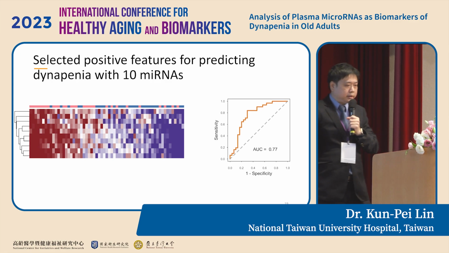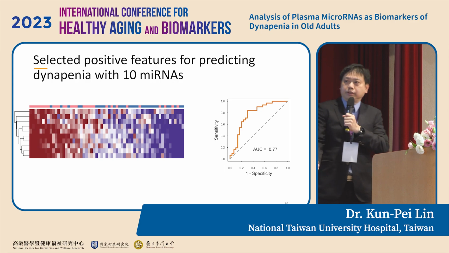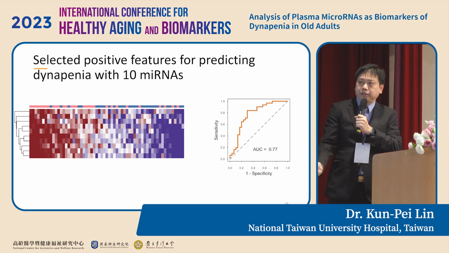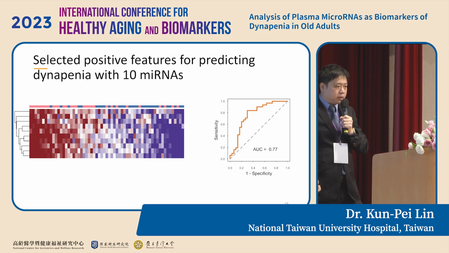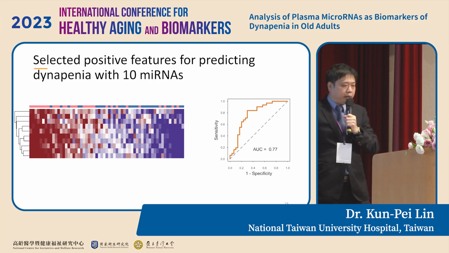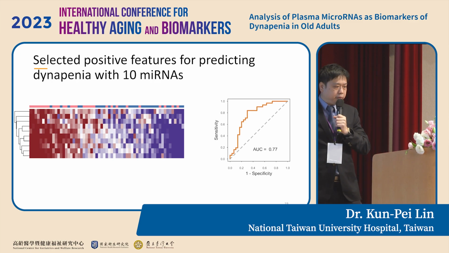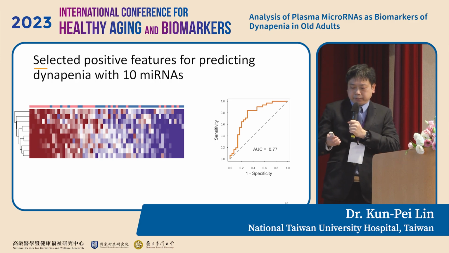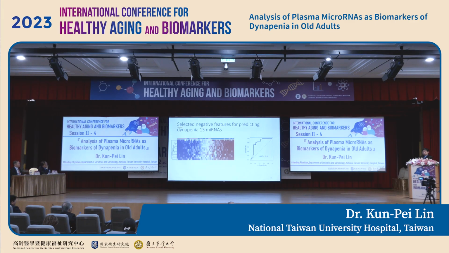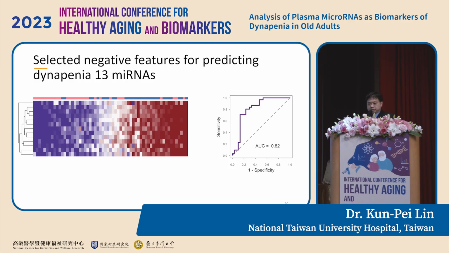Meanwhile, the right chart shows the AUC curve, the AUC area for predicting Dynapenia, reaching a promising value, 0.77.